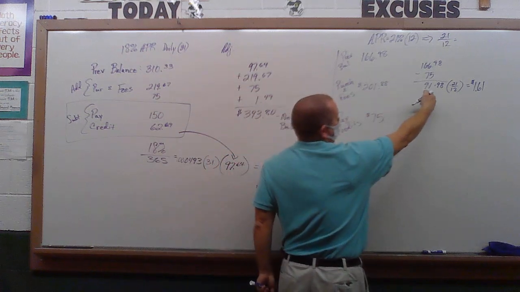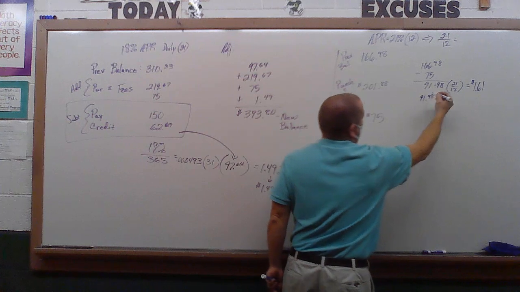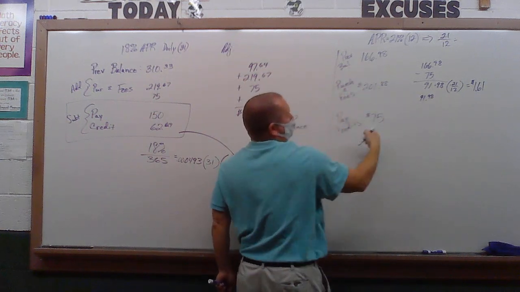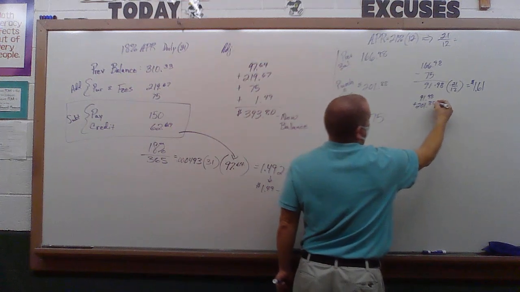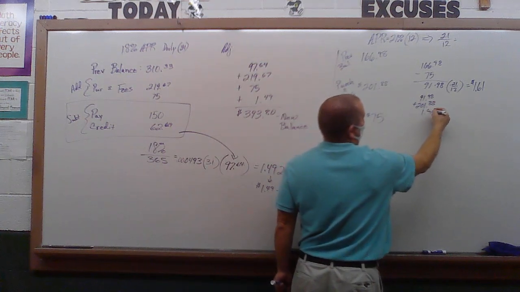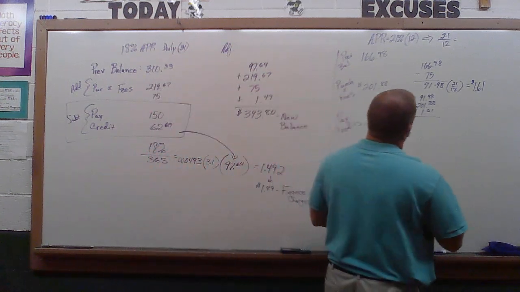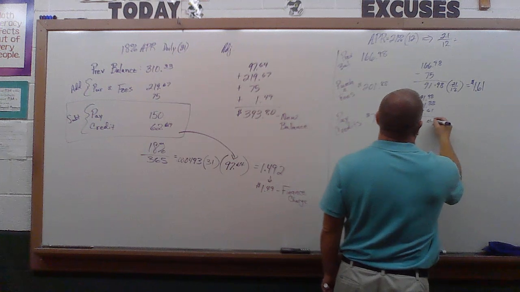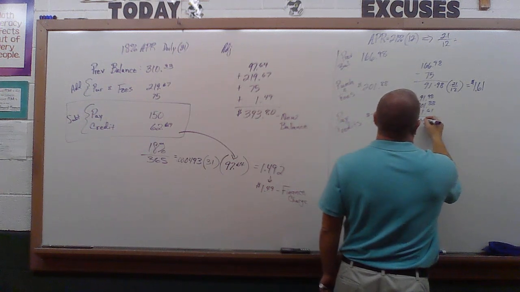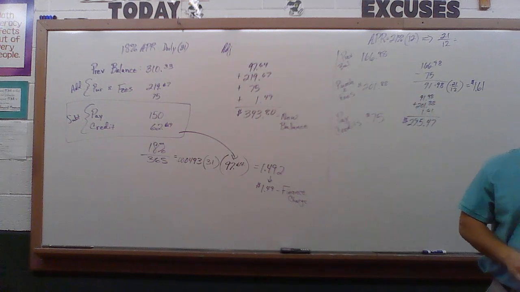So I'm going to take this 91.98. Because I've already done this subtraction, I'm going to add my new purchases and add my finance charge. And that should be my new balance. I got 295.47.